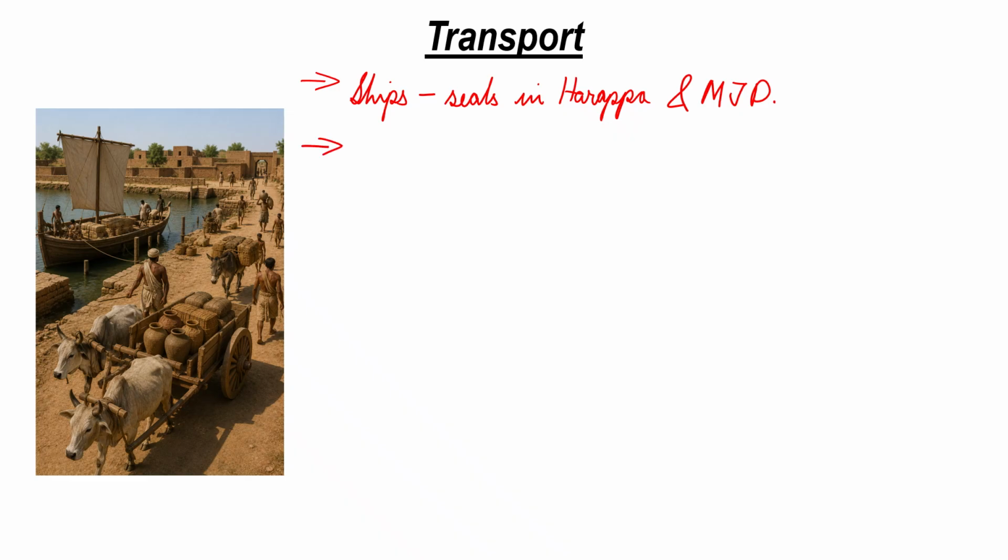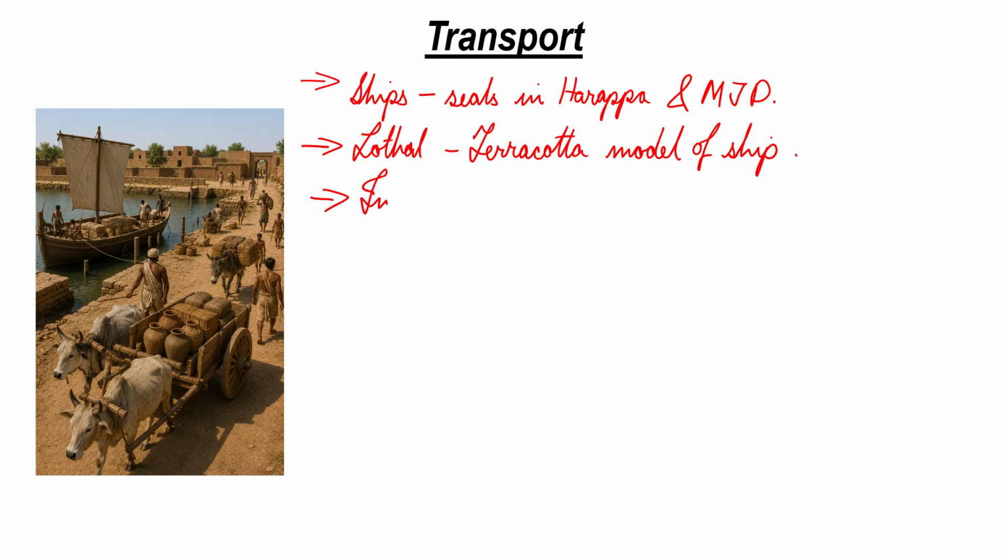Then a terracotta model of a ship, Lothal has a terracotta model of a ship. We also have other important information regarding trade, that is, for inland trade, ships cannot go everywhere, right?